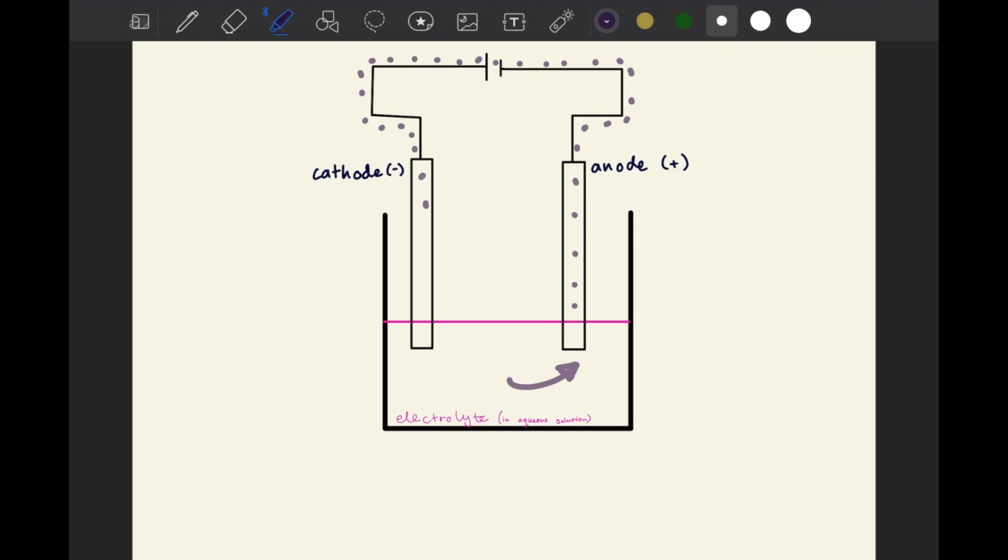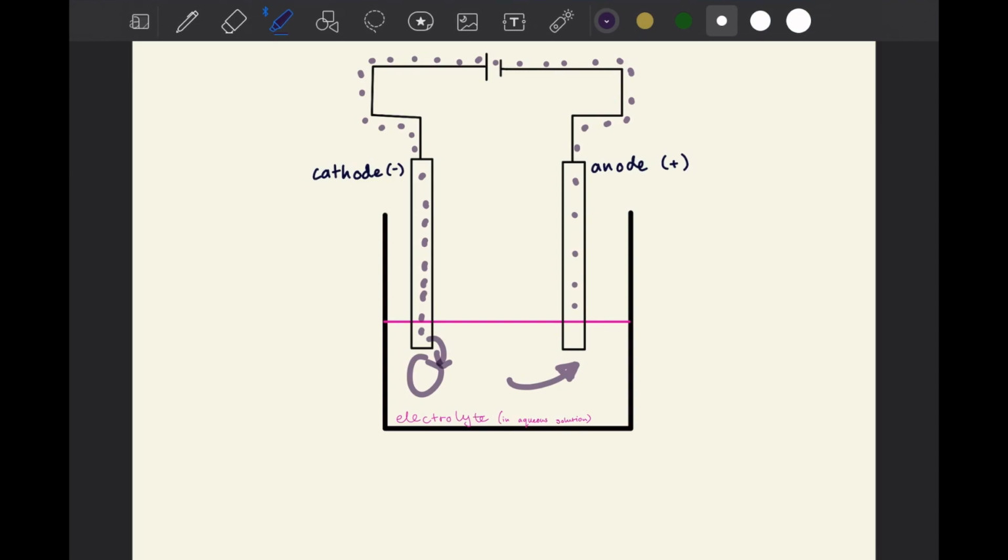And they move over here, and then here you have a positively charged ion, and this ion gains the electrons that the anion over here gave to the anode, which flowed through to the cathode and then was gained by the cations over here. Alright, so I hope this makes sense.